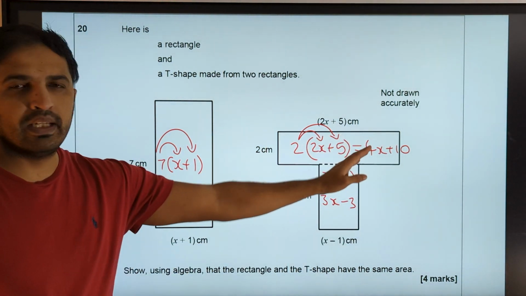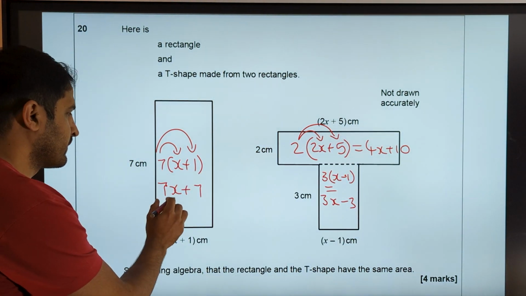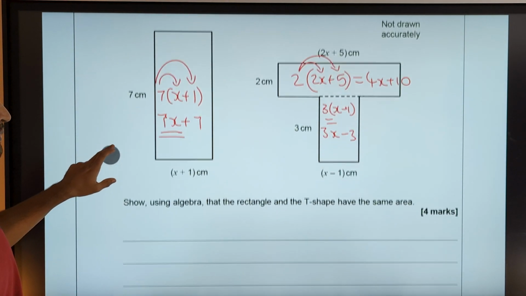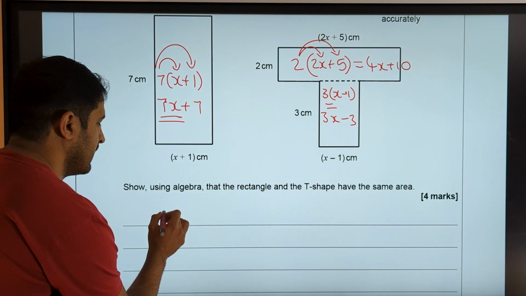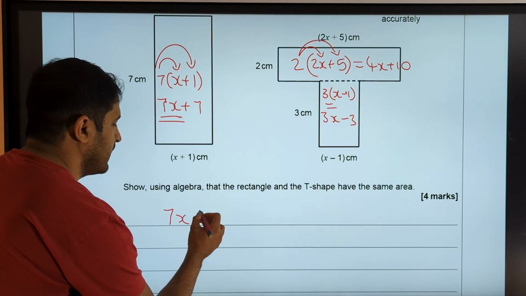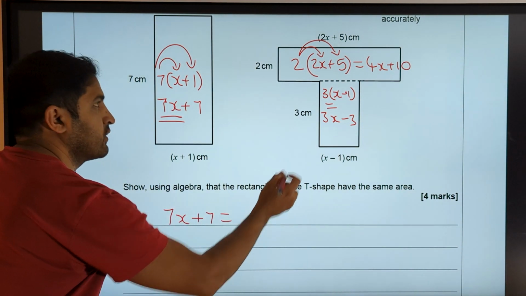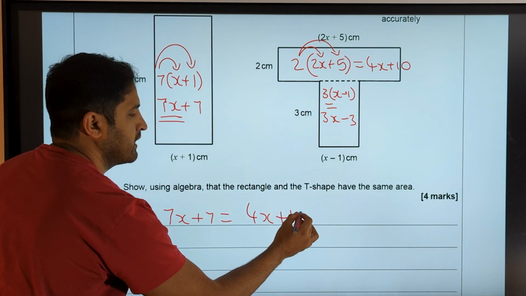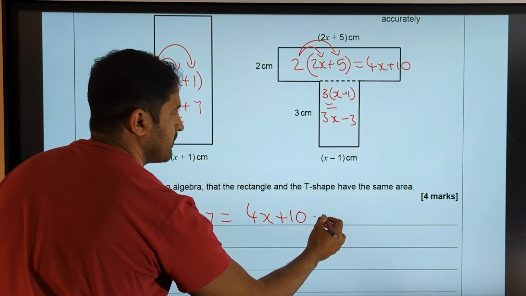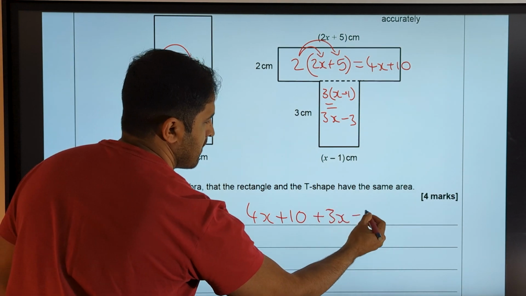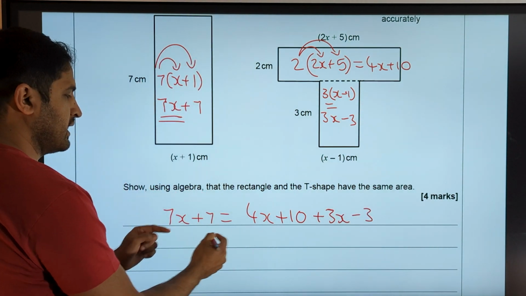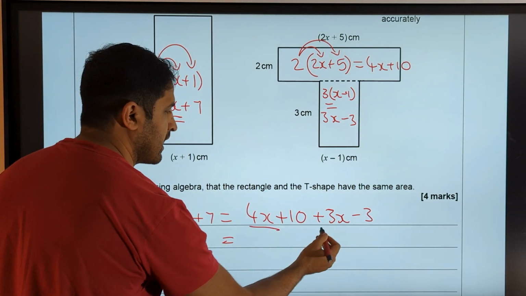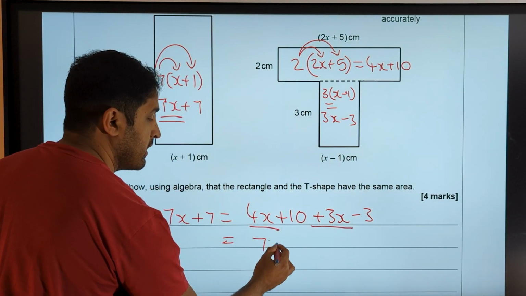Now we compare these. Let's just write it down. We're saying 7x plus 7 has to be these two put together: 4x plus 10 plus 3x minus 3. So we can add the x's together, just focusing on the right hand side. Add the x's together, that gives you 7x.